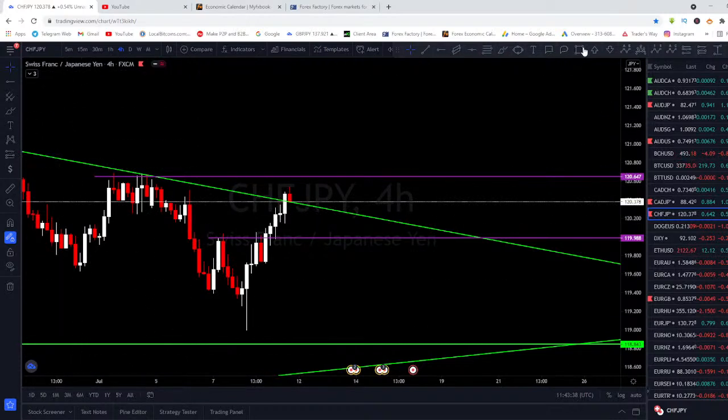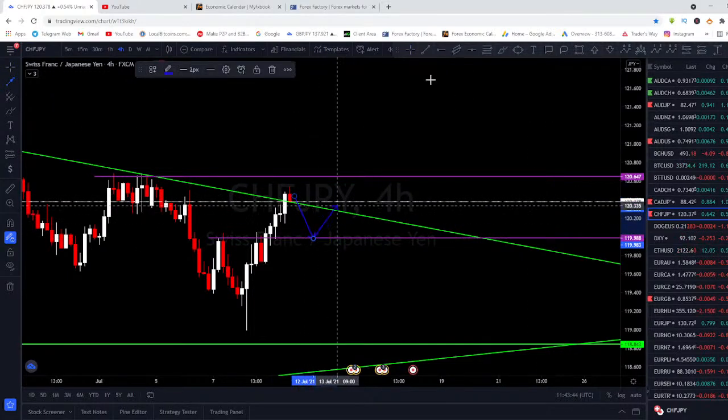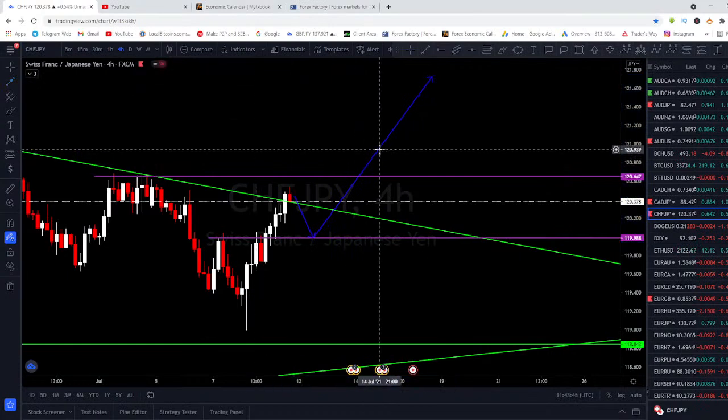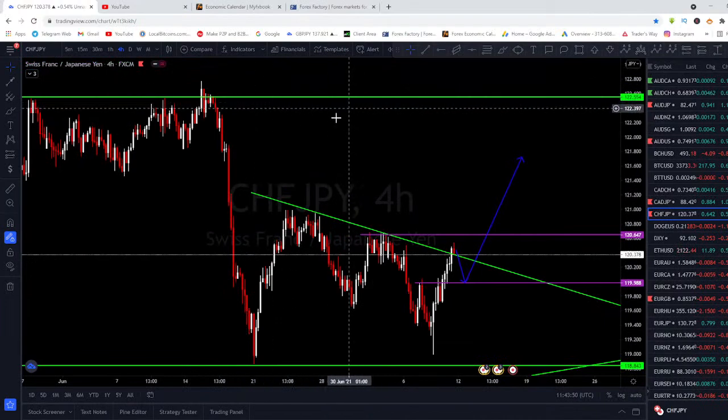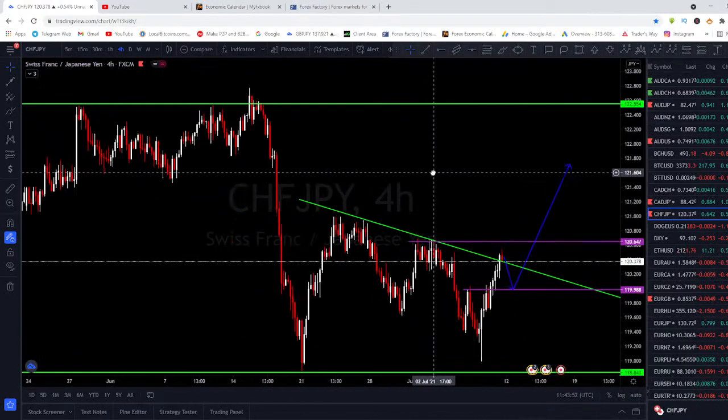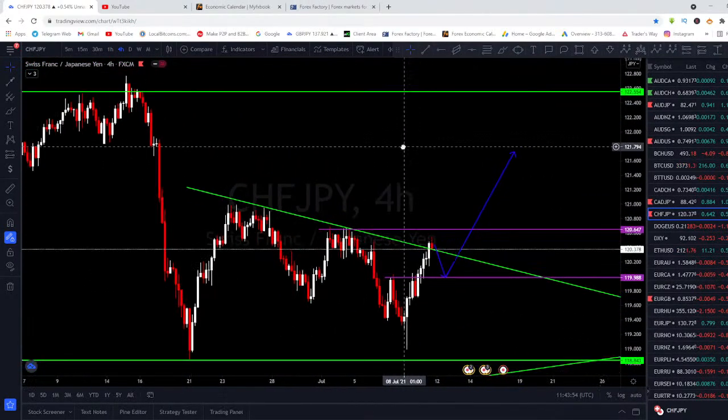What I'm waiting for on this particular pair is a move like this. Once it happens, then it's going to push back up to the upside again to retrace, to move back up to this level, which is a resistance line that we plotted on the daily time frame, right?